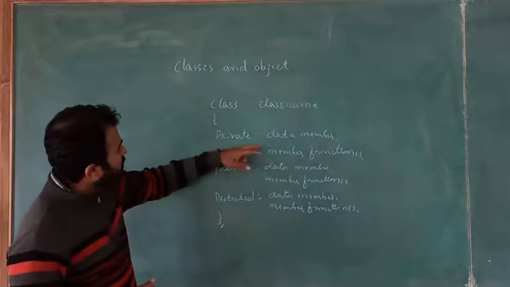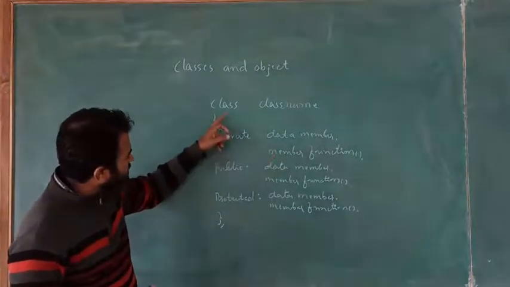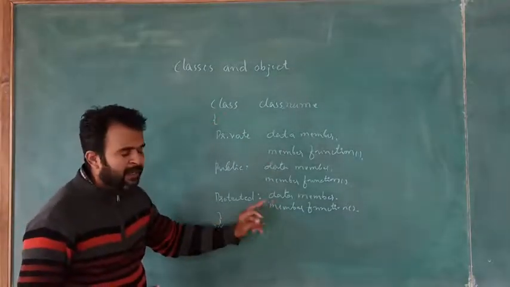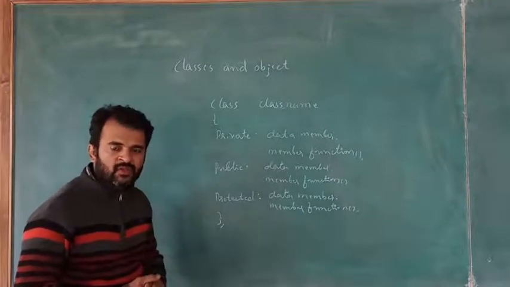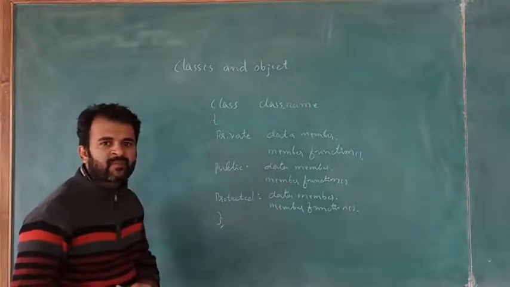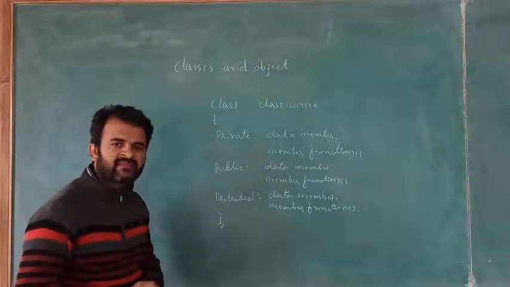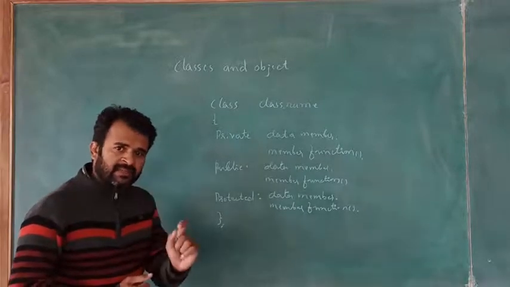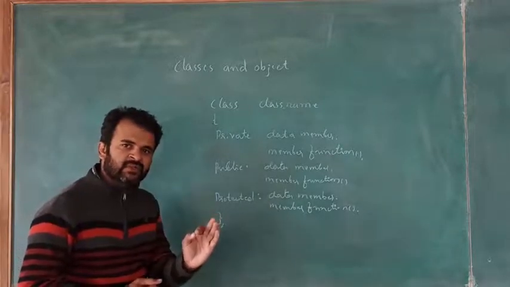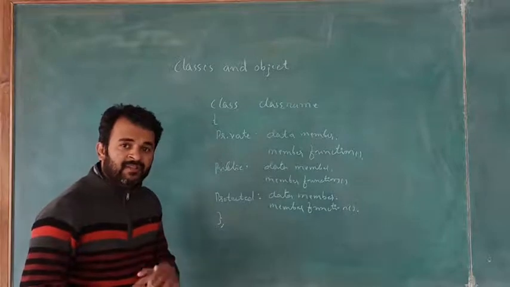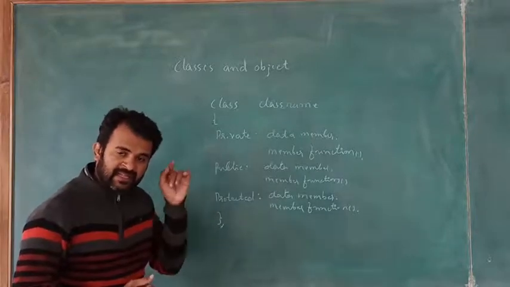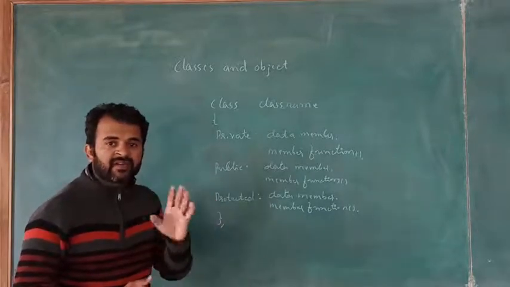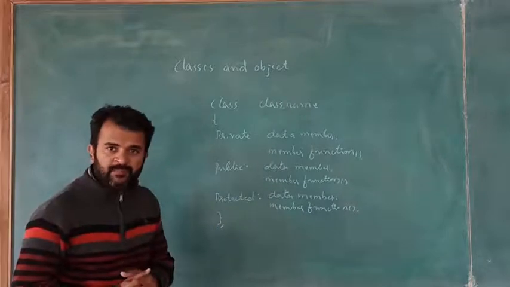Similarly, the functions declared inside the class are called member functions. So usually a class has two types of members: data members and member functions.